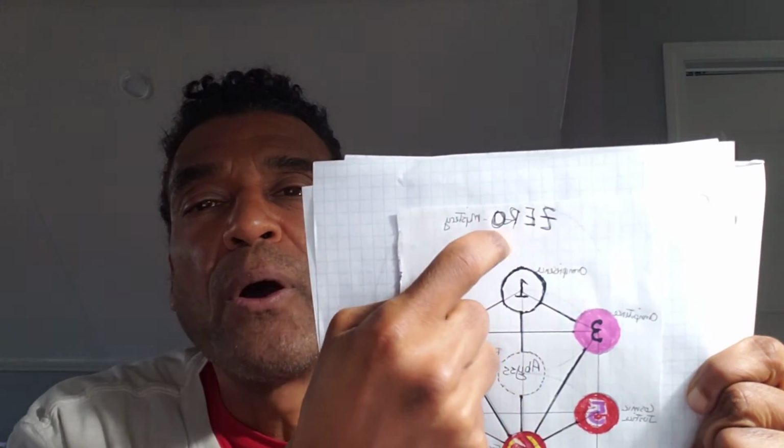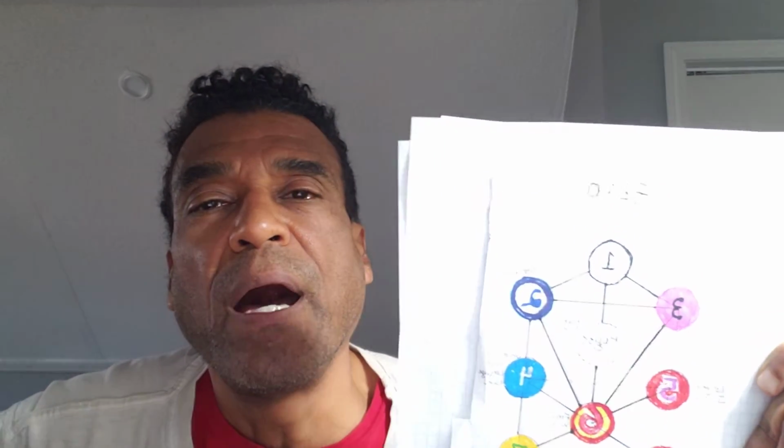So the zero is pretty much everything that is not part of the universe. So, not in the universe. Okay, so that's the short version of an introduction to the tree.